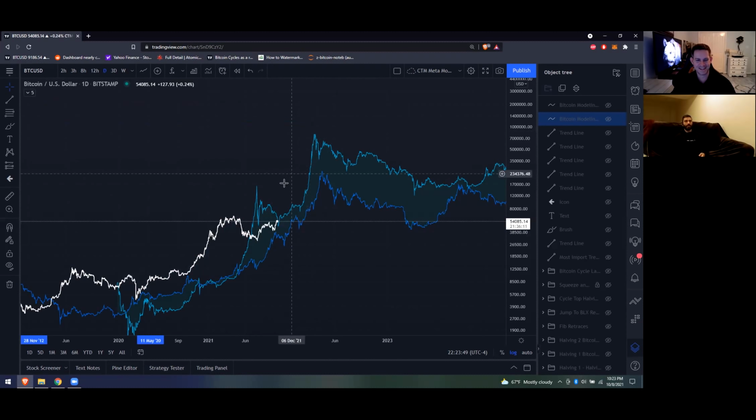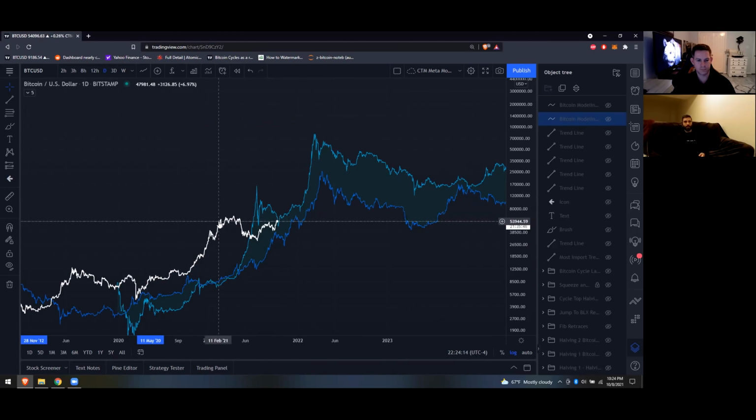Right. And you can actually see, one of the things I've brought up, and I wish there was a way to do it, is to imagine these two charts stretched, where you start from the halving and then stretch the price action out to where you think you're going to top out. We might have actually hit the top of this if this were over here. Do you see what I'm talking about?